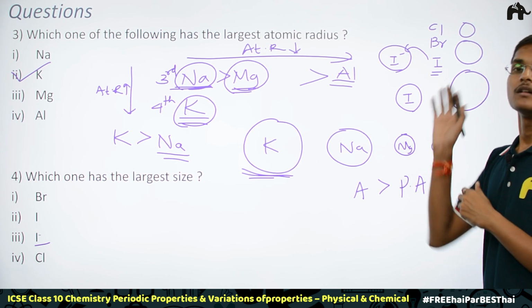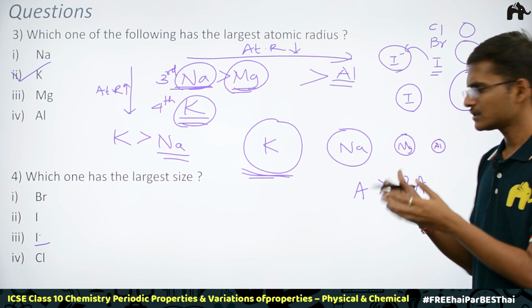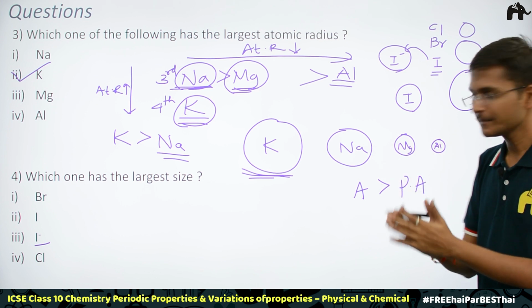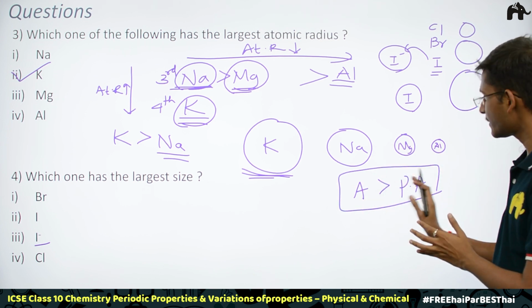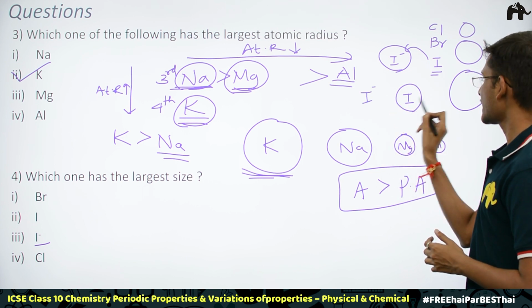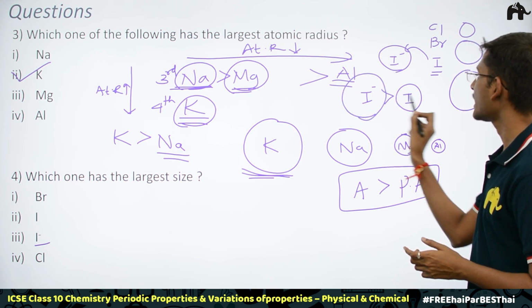You can go back in the video and see the reason in detail. But here we have already figured out that yes, size of the anion is greater than the parent atom. So this is the anion, and this is the parent atom. Now this anion size is greater than the parent atom.